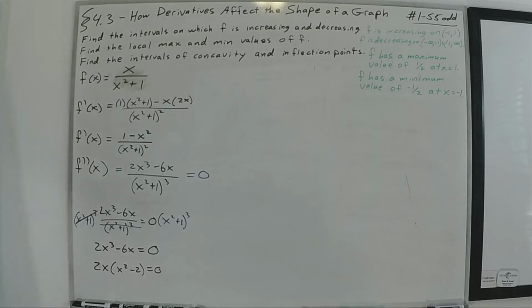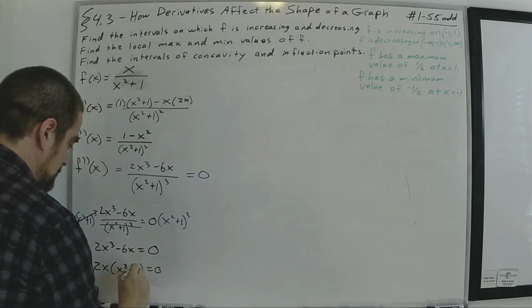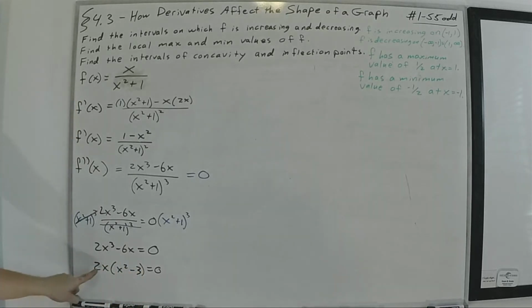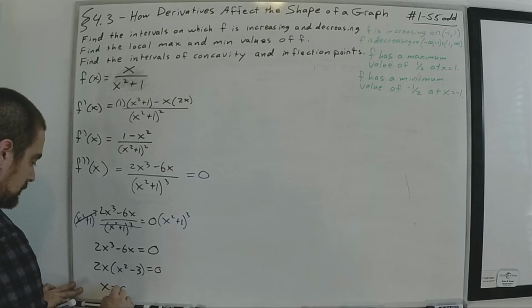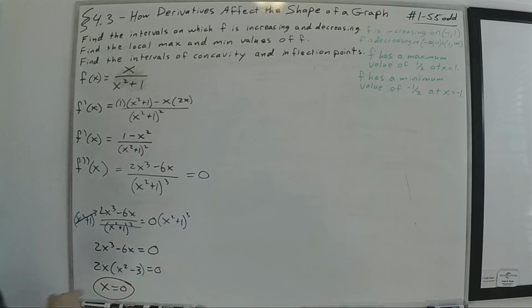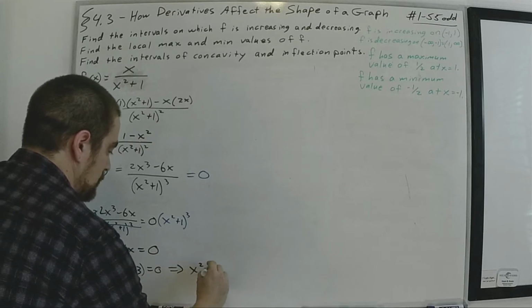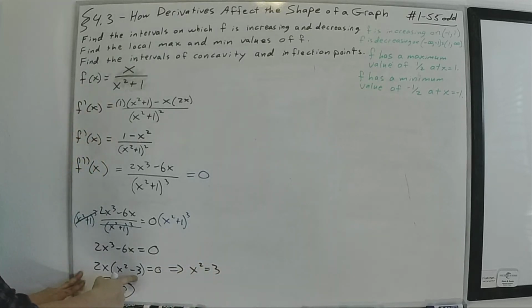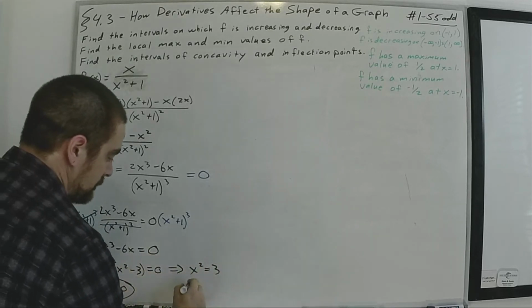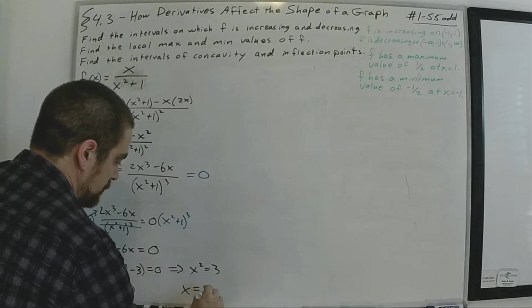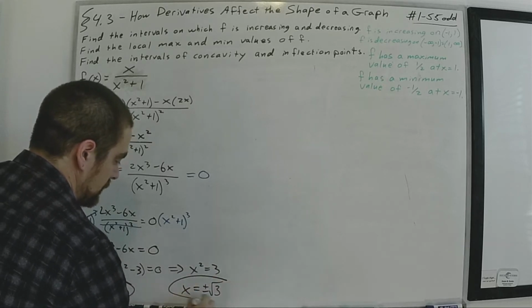I'm sorry, minus 3. I don't know why I said minus 2. So there's 2x cubed minus 6x, which means we have either x is equal to 0 or x squared is equal to 3, right? X squared minus 3 is 0. I'll add 3, and then I'll say x is equal to plus or minus the square root of 3.